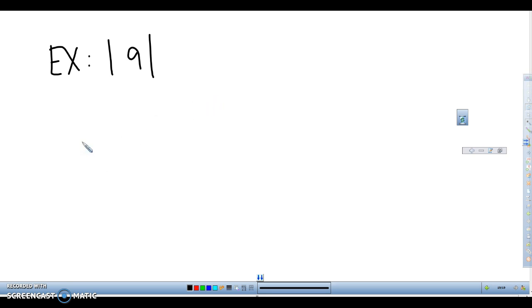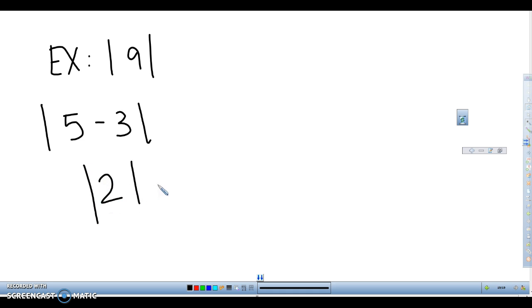The absolute value bars that we have are also like grouping symbols. So if you need to do an operation inside them, you can do that operation first, okay? So I have the absolute value of 5 minus 3. I do 5 minus 3 first. 5 minus 3 is 2. And now I'm going to take the absolute value of 2.